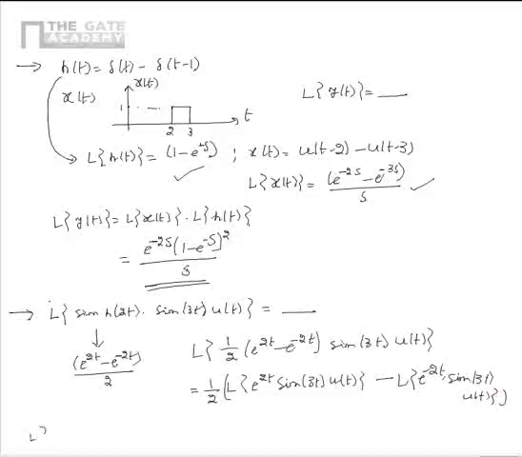We know that Laplace transform of e power alpha t sine omega t u of t can be written as omega divided by s minus alpha whole square plus omega square.